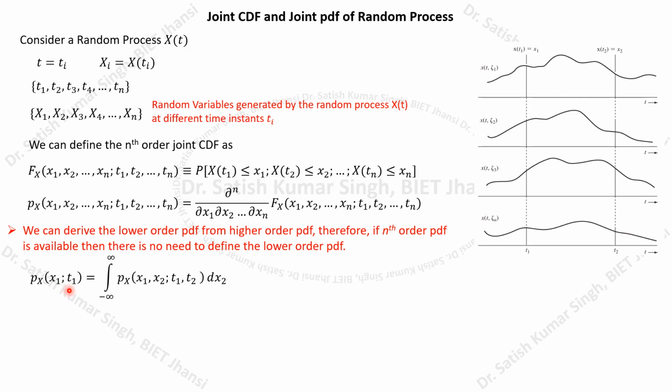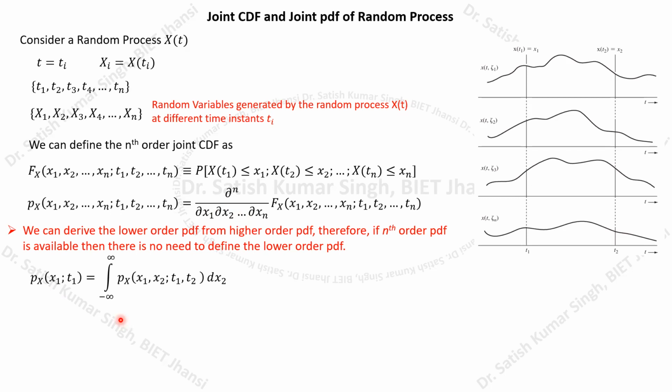The same way we can calculate the lower order PDF from the joint PDF. So if we have the nth order PDF, there is no need to define its lower order PDF, because from the nth order PDF we can derive all the lower order PDFs just by this integration.